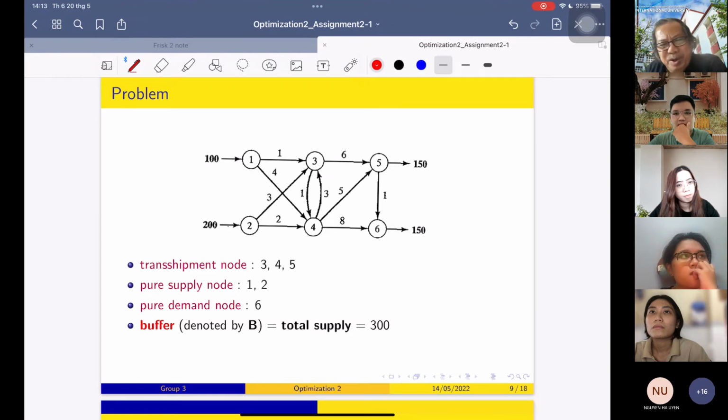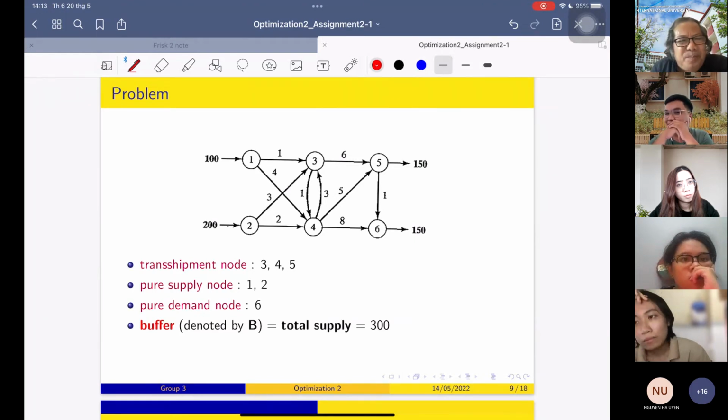Let me tell you, this is the way of writing, because this comes from another book.